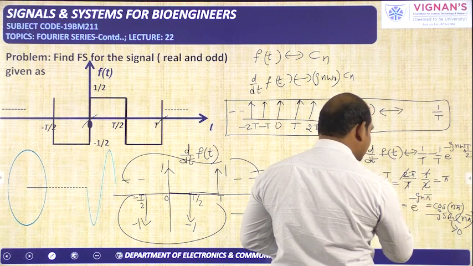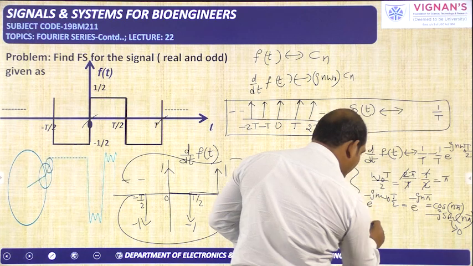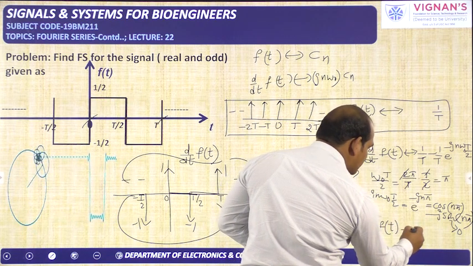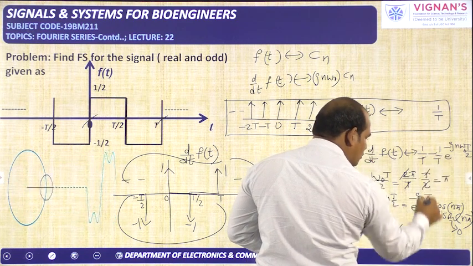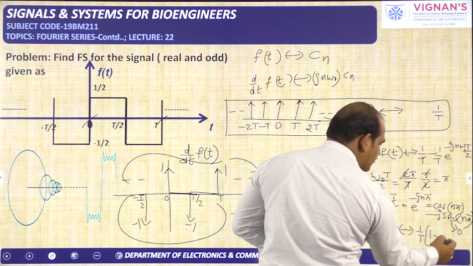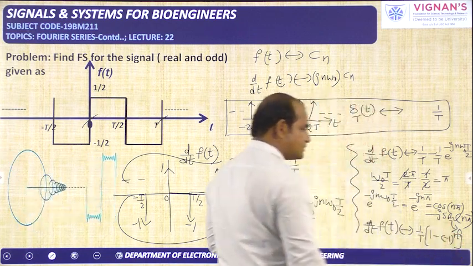So we can write this as minus 1 to the power of n, instead of e power minus jn omega naught into t by 2. So finally we can write d by dt of f of t has the coefficient 1 by t. Taking 1 by t as common, from the first term you get 1, and from the second term you get cos n pi, that is minus 1 to the power of n.